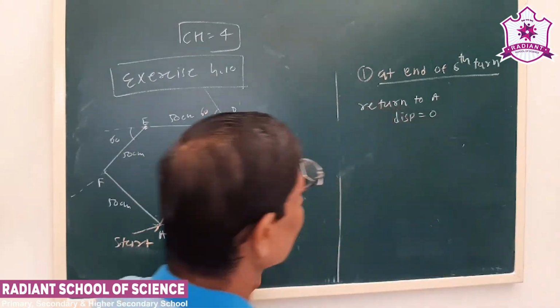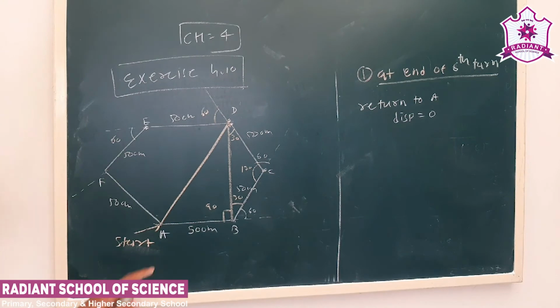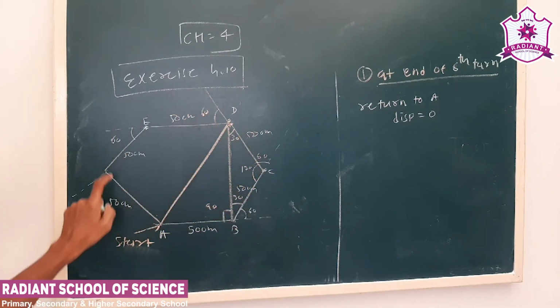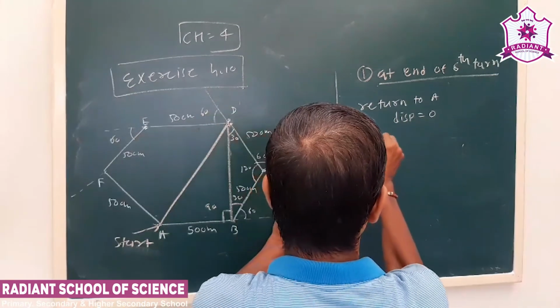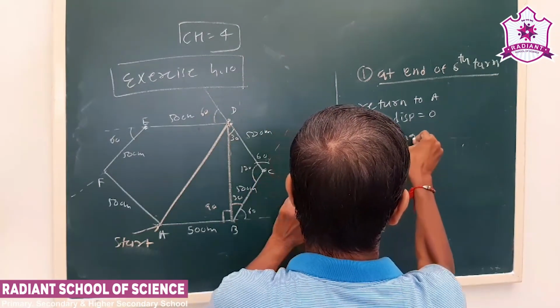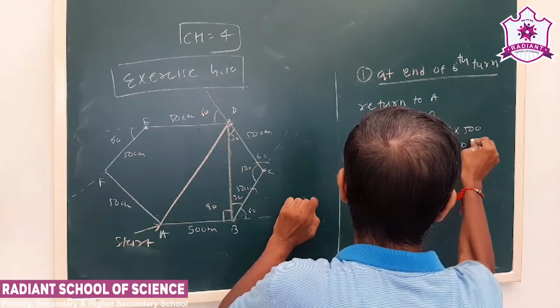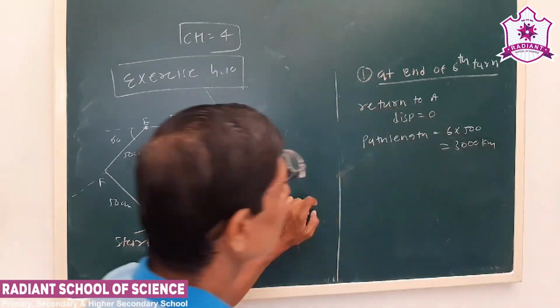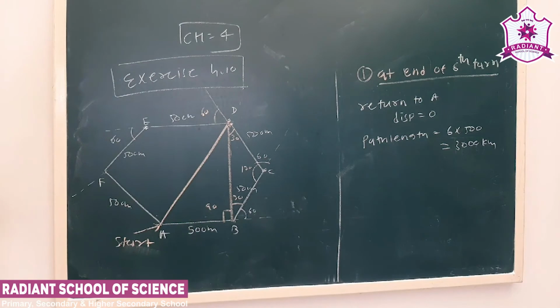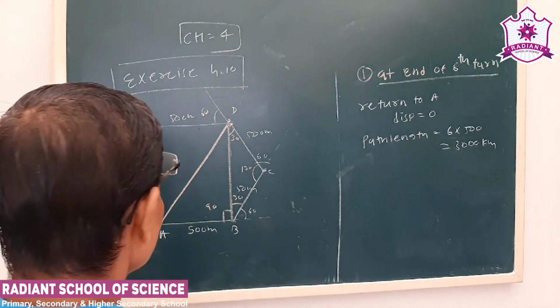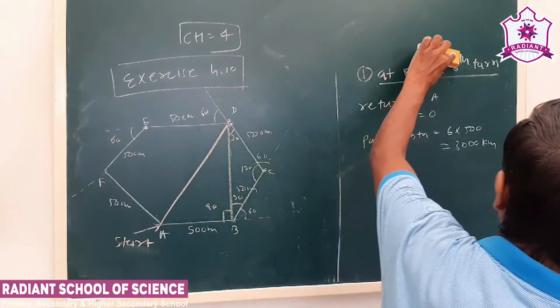Why? Because initial and final position is the same. The distance covered will be 6 sides, 6 times 500. So the path length is 3000 meter. This is very easy. Now next is at the end of the eighth turn.